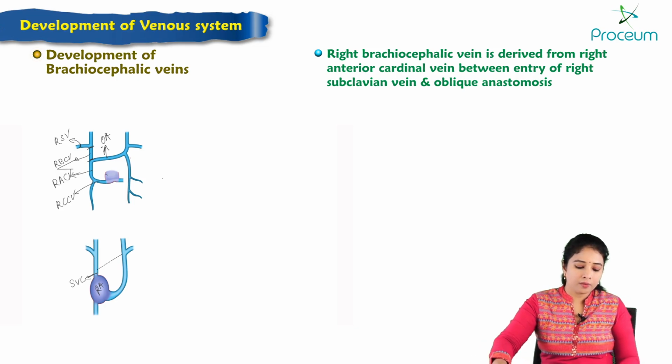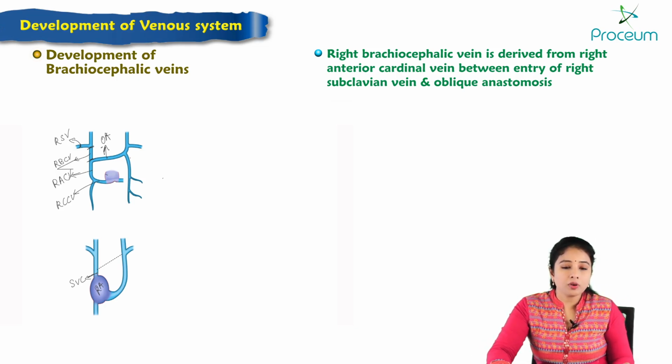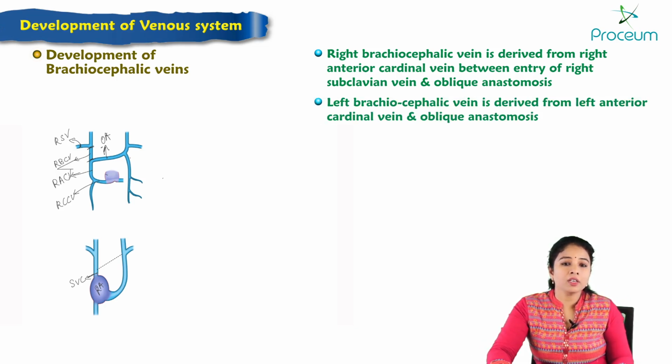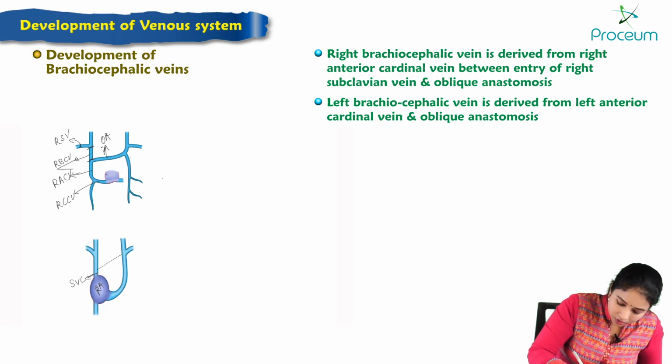Next, the left brachiocephalic vein is derived from the left anterior cardinal vein and the oblique anastomosis. So below the opening of the left subclavian vein, from here, along with this oblique anastomosis, will form the left brachiocephalic trunk.